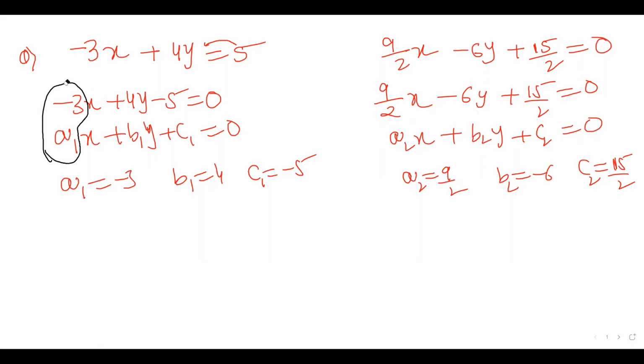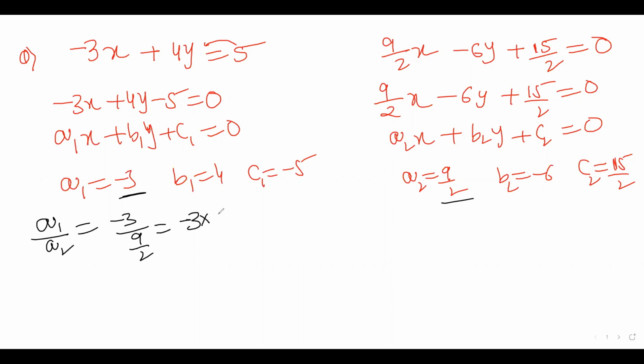So after writing a1, b1, c1, a2, b2, c2, try to find out what is a1 by a2. a1 is minus 3, a2 is 9 by 2, so you will get minus 3 into 2 by 9. 3 3s are 9, so your answer is minus 2 by 3.